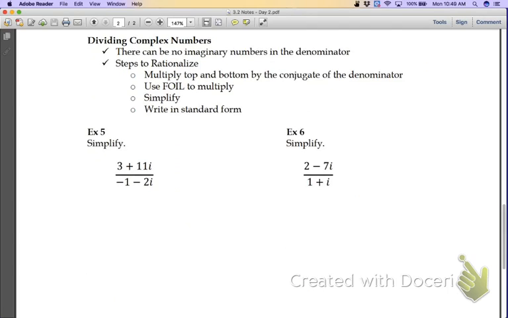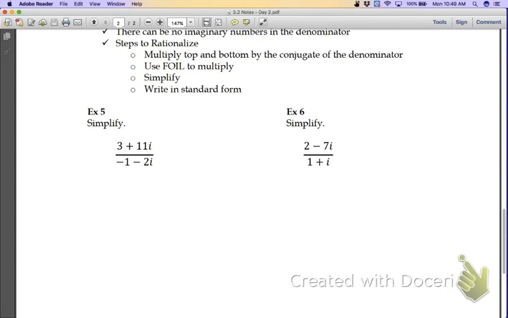So we're going to multiply the top and the bottom by the conjugate of whatever the denominator is. So if I have 3 plus 11i over negative 1 minus 2i, all I'm going to do is multiply the top and the bottom by negative 1 plus 2i.